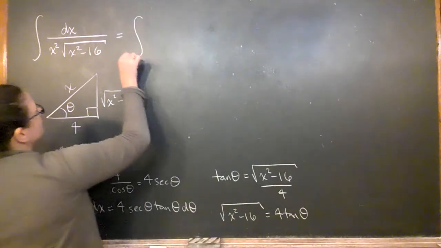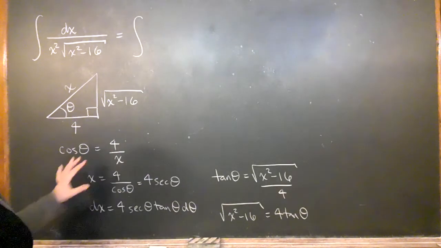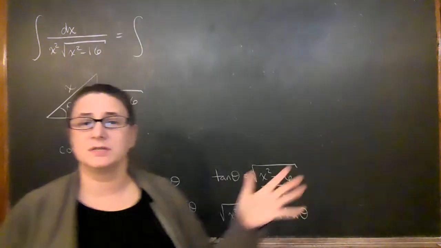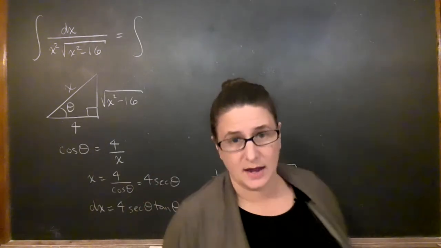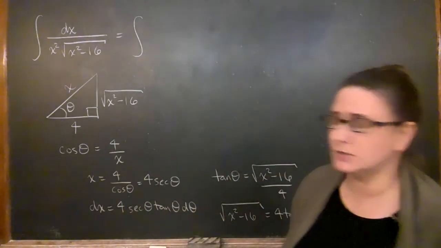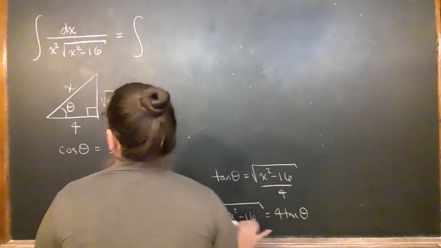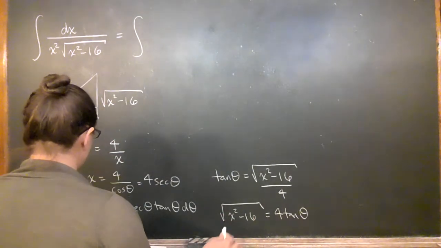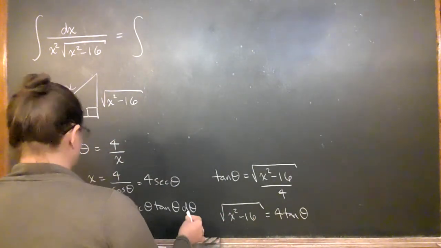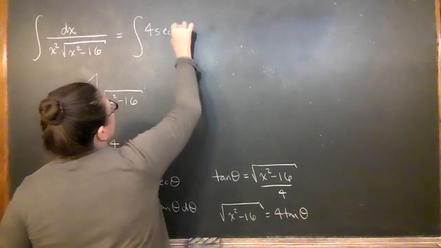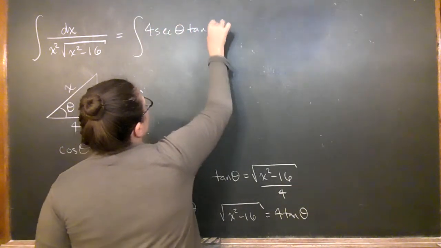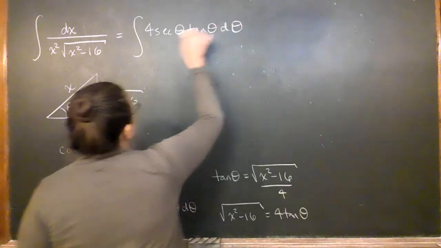Now I'm going to substitute everything in. I want to make sure, of course, that all the x's go away and there's only thetas left. So like with any substitution, you're not mixing the stuff up. Everything goes from one variable to the other. So for the dx, I'm going to put the 4 secant theta tangent theta d theta on the top.